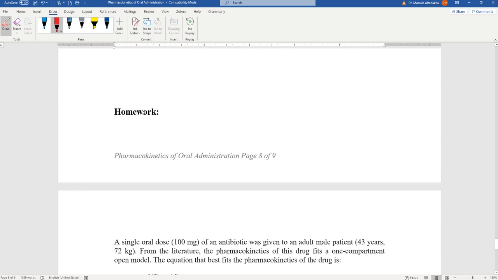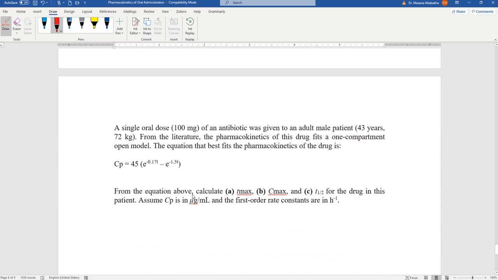This is a homework which I just added today. It says a single oral dose, and this is from your textbook, approved textbook. A single oral dose of 100 milligram of an antibiotic was given to an adult male patient, 43-72 kilograms.